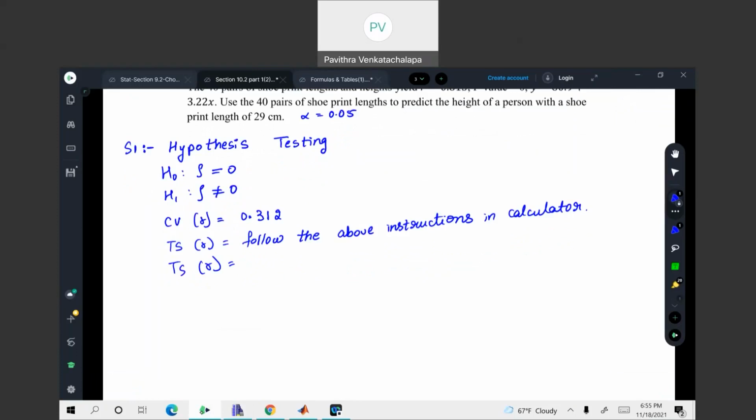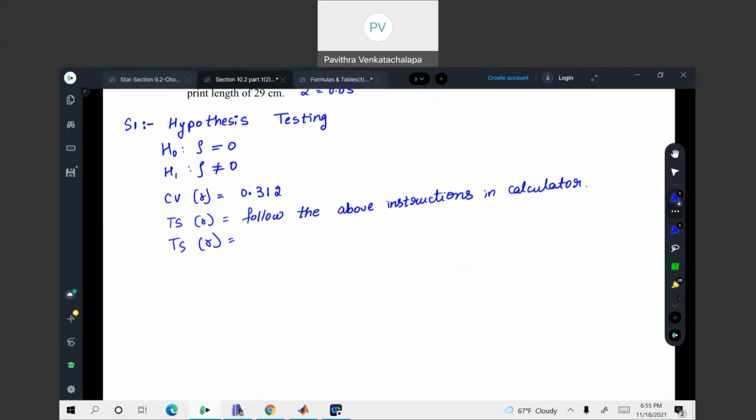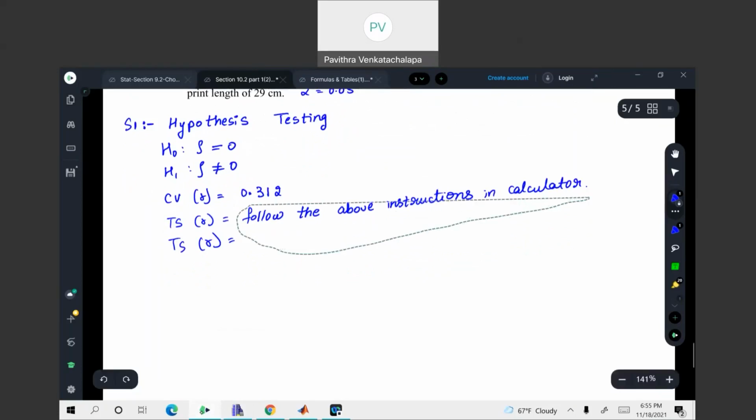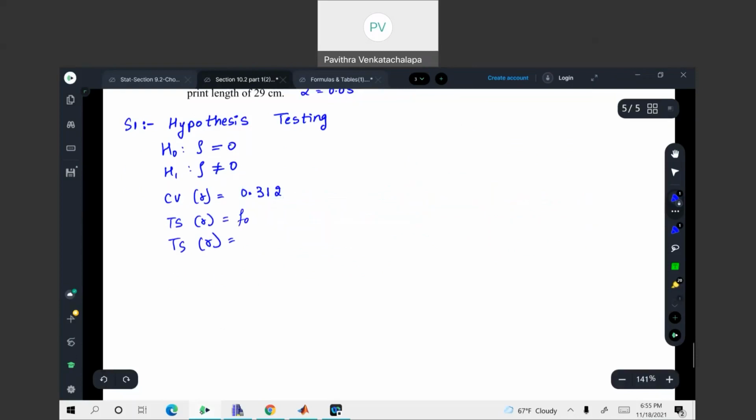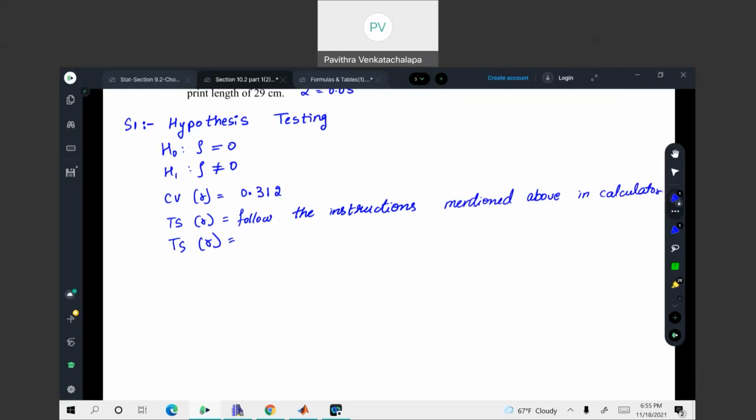That's the main reason I'm not going into detail with the steps. So again, follow the instructions mentioned above in your calculator, and then you find the statistic r.